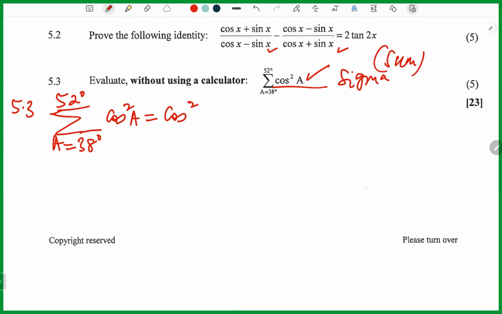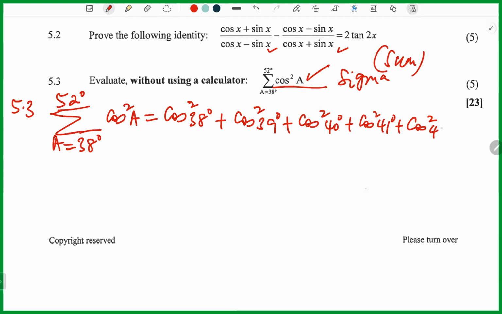From 38 degrees to 52 degrees, so we shall say cosine squared of 38 degrees plus cosine squared of 39 degrees plus cosine squared of 40 degrees plus cosine squared of 41 degrees plus cosine squared of 42 degrees.